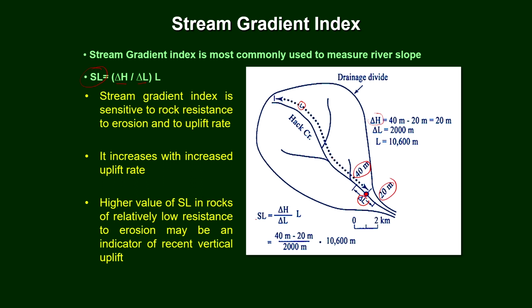The equation is simple: delta H by delta L into L. The elevation difference is 40 minus 20, delta L is 2000 meters, and this is your length. If you take that, that will give you the SL index.